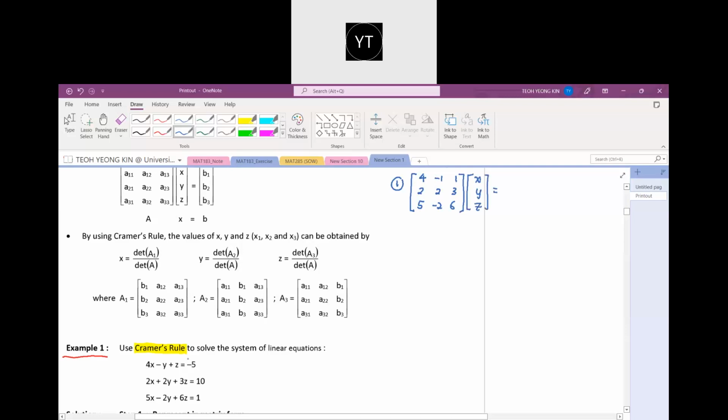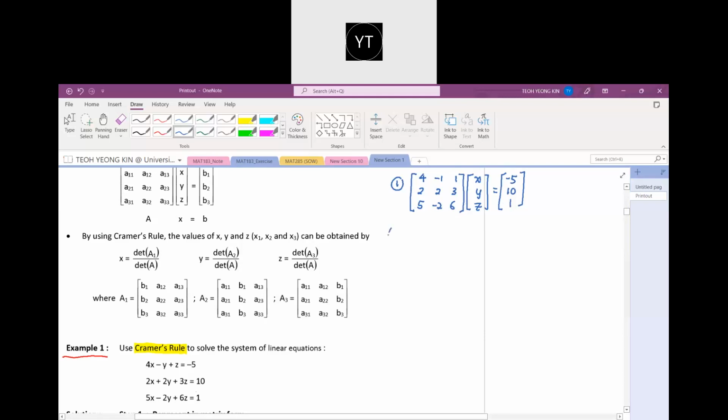What is the value of B? -5, 10, and 1. That's why first we represent it in matrix form. So what we do next is, what is A? Apakah A kita? A kita adalah coefficient matrix kita.